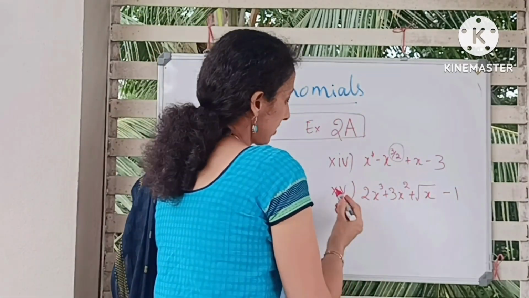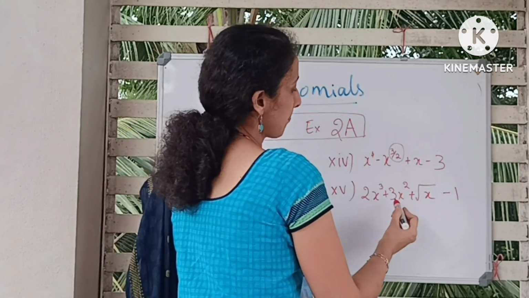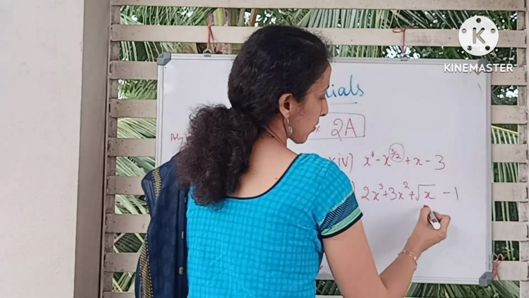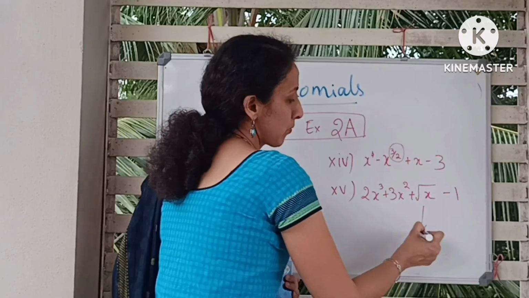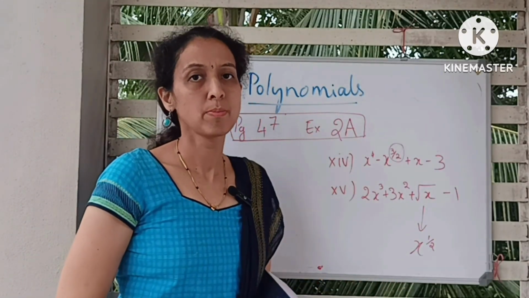And the 15th one, that is 2x cube plus 3x square plus square root of x minus 1, where square root of x is actually x to the power 1 by 2, which is also not an integer, that is why this is also not a polynomial.